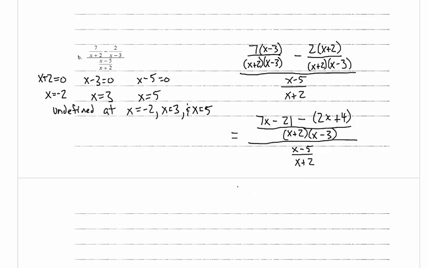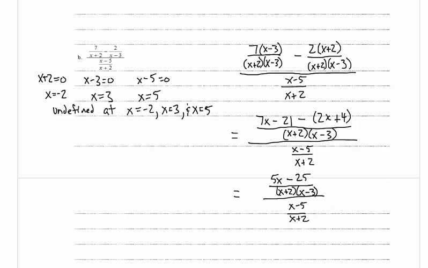So now I'm going to combine my terms in the numerator. So I have 7x minus 2x gives me 5x. Negative 21 minus 4 gives me negative 25, divided by x plus 2 times x minus 3, divided by x minus 5 divided by x plus 2.